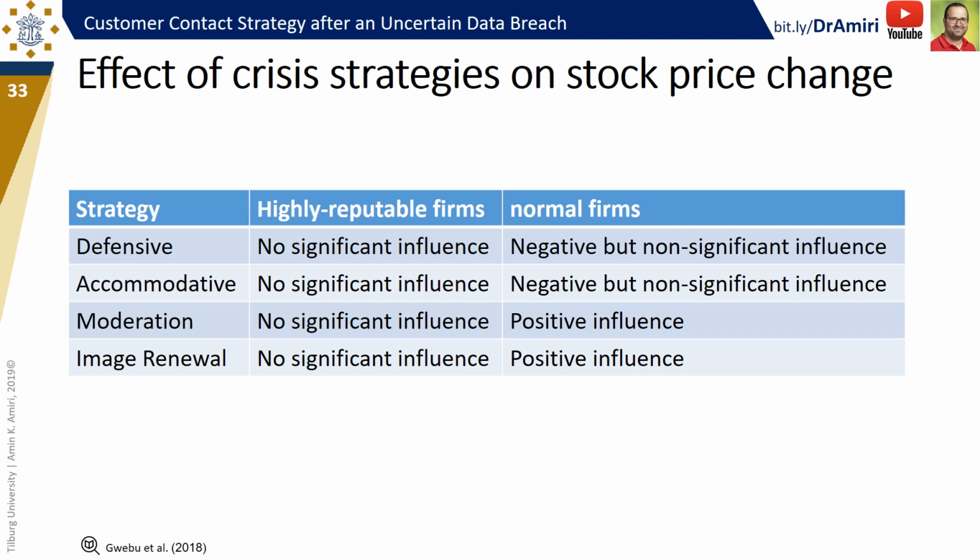So if we want to compare the effect of these various customer contact strategies on the stock price changes, you'll figure out that for highly reputable firms, there is no difference between the four strategies.